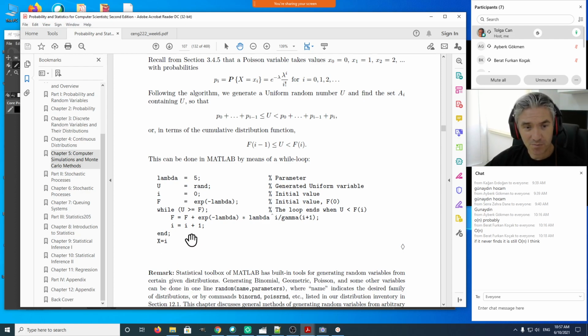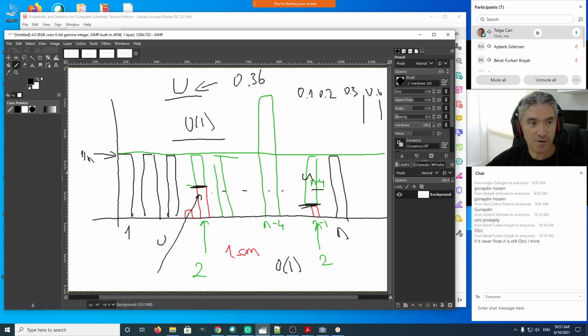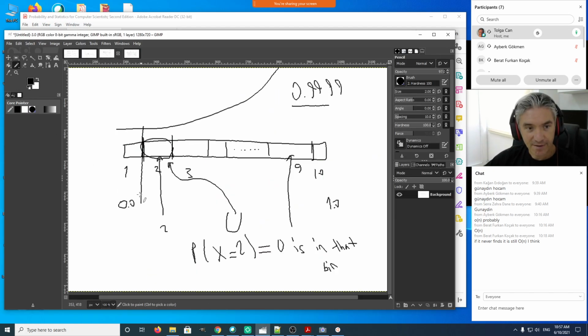But you see the problem here. If it's not in the first interval, we go into the loop, and the loop has to add p0 plus p1 to find the end of the second interval. So f is a value that shows the end of the intervals for each iteration of those bins. The f is keeping track of this at every iteration.